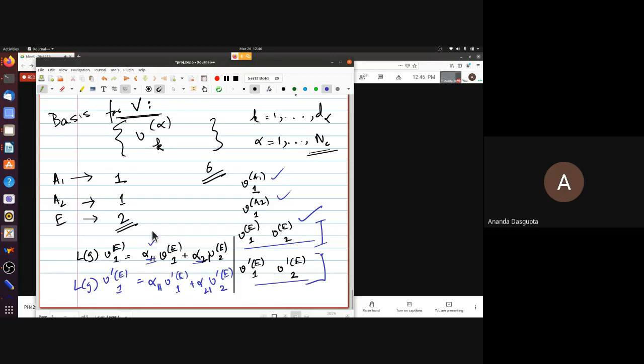But this will give a 2 by 2 matrix. This will also give you a 2 by 2 matrix. Now, the fact that the two irreps are identical, does it mean that they have to have identical matrices? Is this question clear?